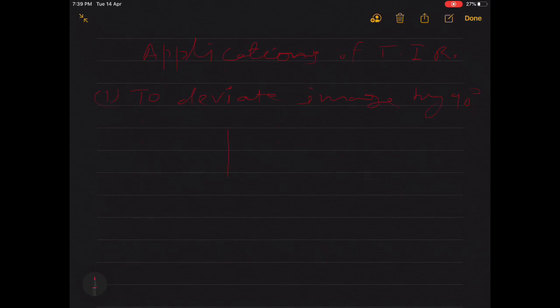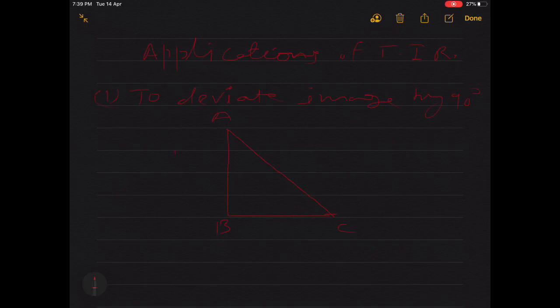Let us consider this ABC as a right angled isosceles prism. In this, AB is equal to AC and this angle B is 90 degree.